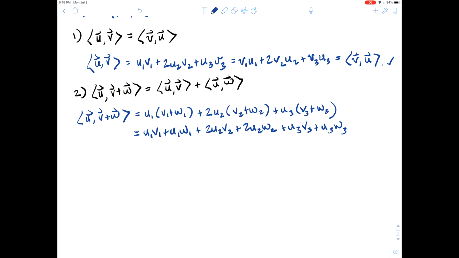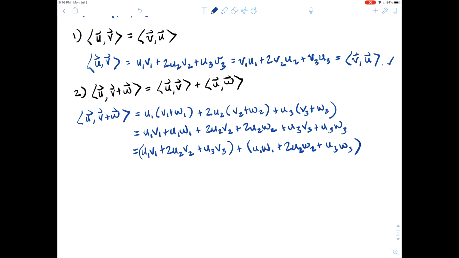Now, the real numbers are what? Commutative, right? So let's move them around. We've got u1v1 plus 2u2v2 plus u3v3, and then plus u1w1 plus 2u2w2, and then plus u3w3.